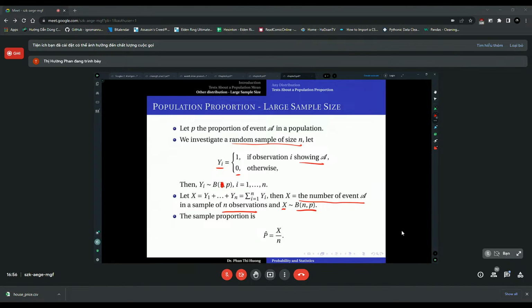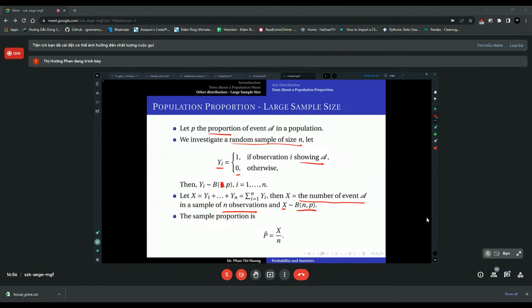Okay, so as we did together in the first three cases, the first step is to identify a point estimate for the given parameter. Now we want to estimate the population proportion p, and what we have is just the random sample.